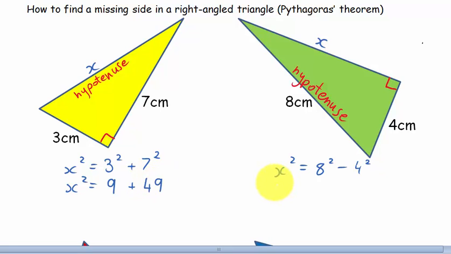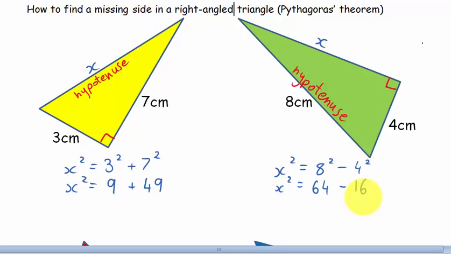On the example on the right, x squared equals 8 squared, which is 8 times 8, is 64, minus 4 squared, which is 4 times 4, is 16. This is our second line of working.